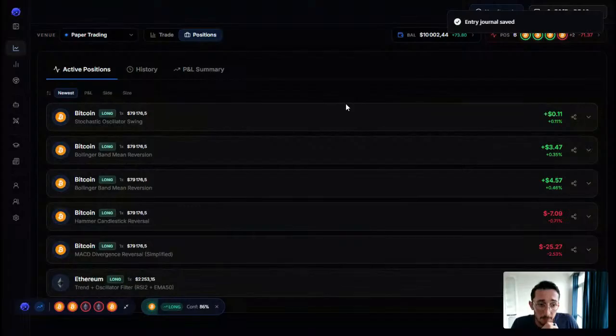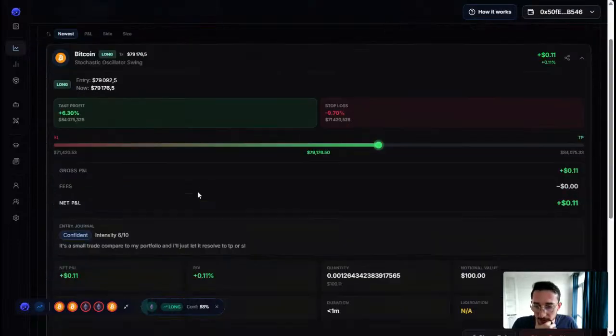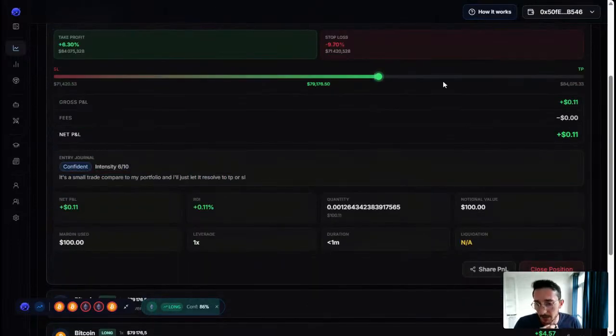I built this feature today because I've been told that journaling is important in trading. I didn't do it before, but now I'll be able to review all of my trades. So this is the active position I just entered. I can review the mental state and everything I want from when I built this trade.